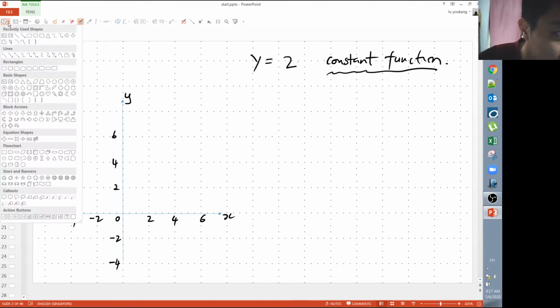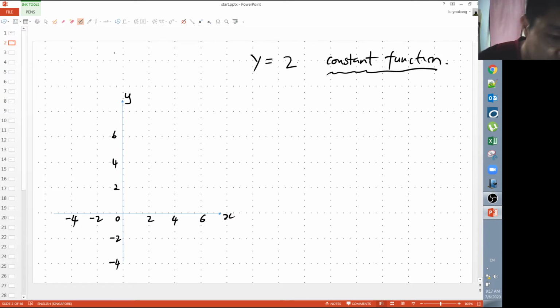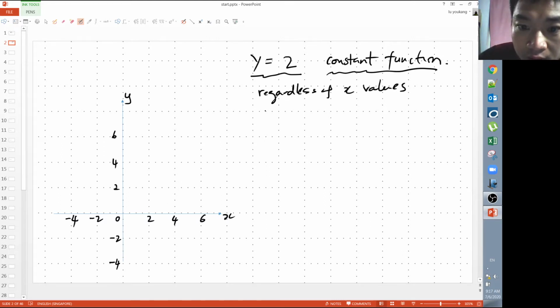So what you can actually see is that for this constant function, regardless of the x values, the y is always 2. Am I right?